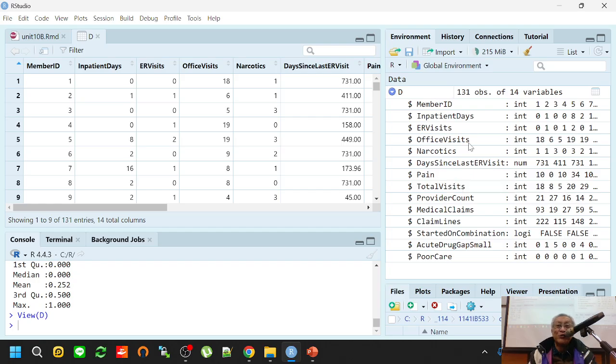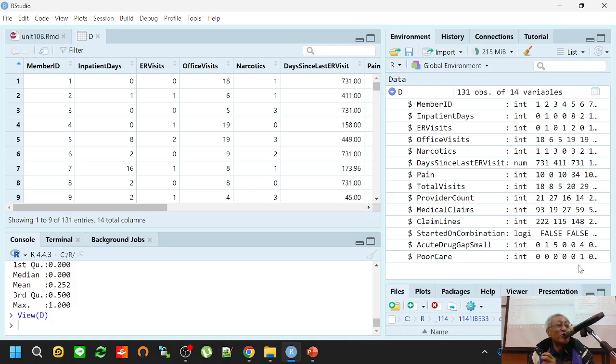We want to use the diabetes policy owners' medical records to predict whether they are good care or bad care. The probability of their good care or the probability of their poor care, actually, because this variable 1 equals poor care.